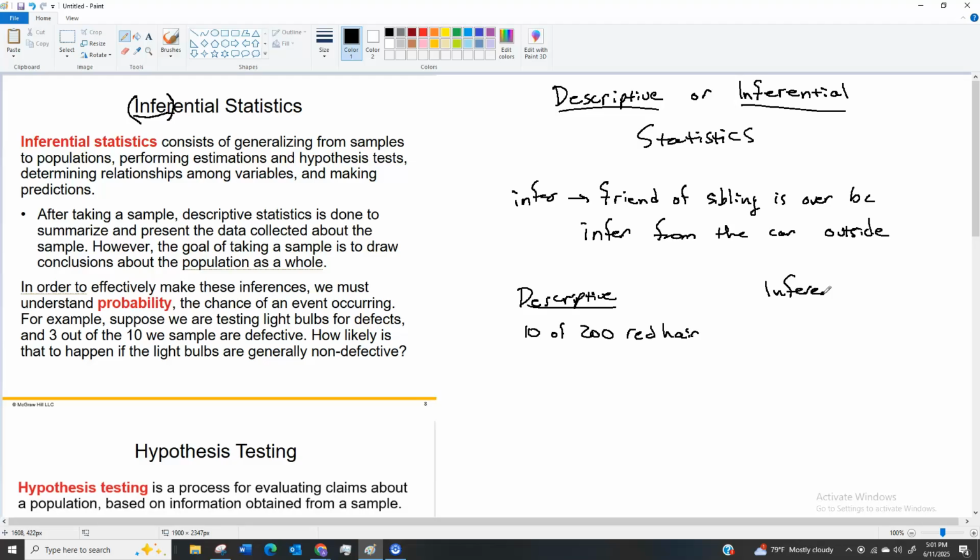Inferential is when I said, so about 150 of the 3,000, and it wasn't students, it was everybody, but 150 of the 3,000 people in the school have red hair. That's an inference. I don't know that for certain, but I'm assuming it from the information that I have from the sample.